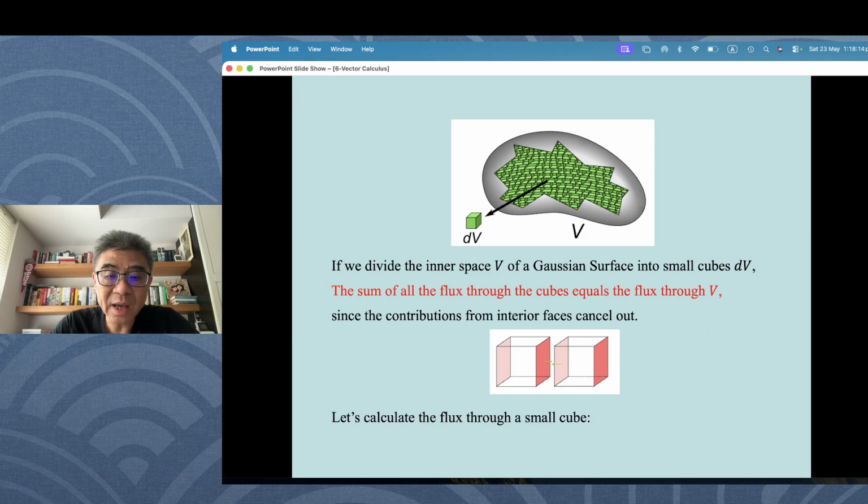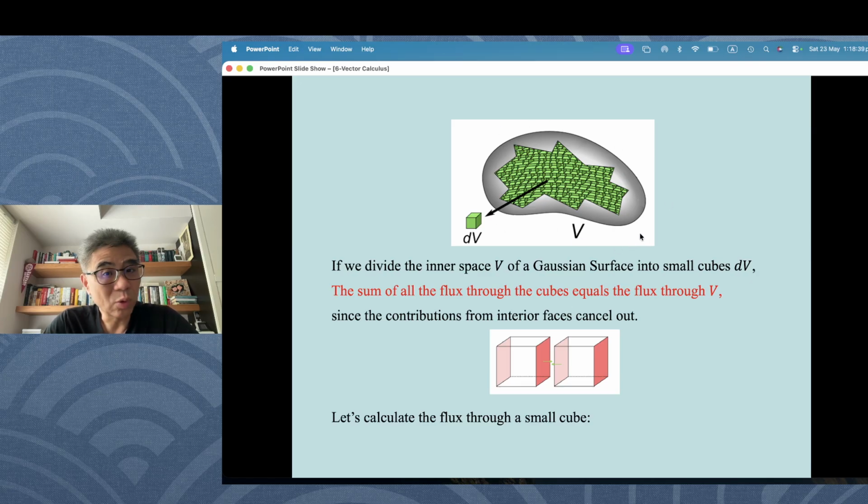So if you add the electric flux of two cubes together, the contribution from the interface will cancel out. Therefore, when you add up the flux through all the cubes, all the overlapping contributions cancel. What is left is only on the outer surface.